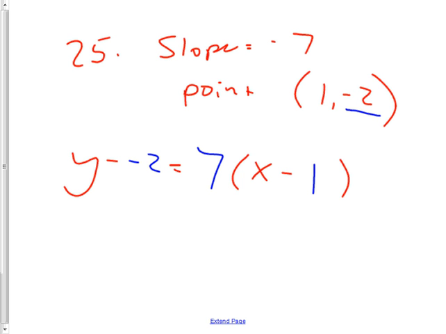Don't have to simplify it. Everybody wants to. Everybody feels like it doesn't look right to them because they're not used to this form, but it's fine the way it is. The only other thing I'd probably do is this minus minus, change that to plus. Other than that, you do not need to solve it for y. The only time I can think of that we really would want to solve it for y is if you had to put it in the calculator, because that has to be solved for y.